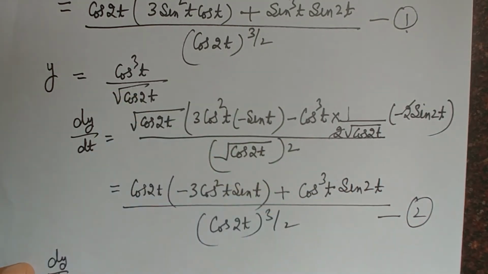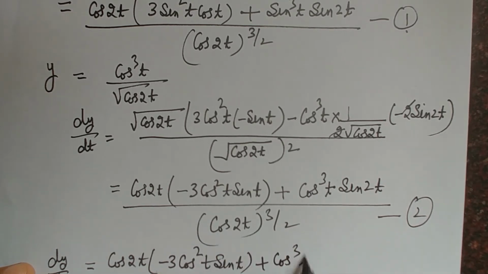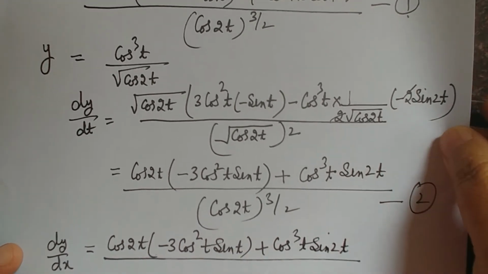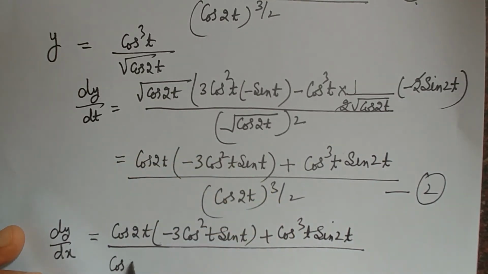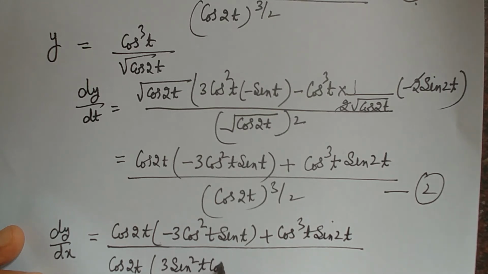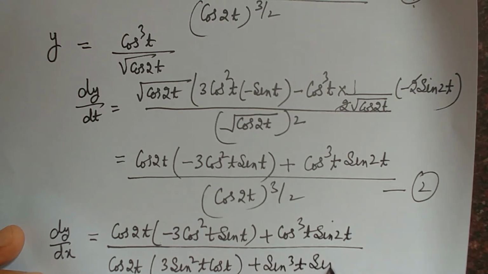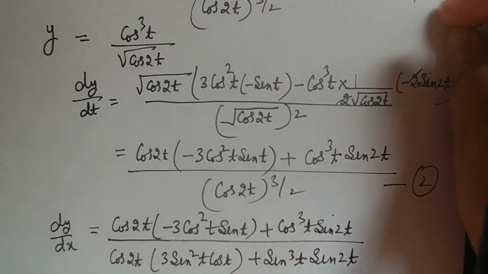The equation which I get will be cos 2t minus 3 cos square t sine t plus cos cube t sine 2t, divided by, the numerator of the first term, which was cos 2t, 3 sine square t cos t, plus sine cube t sine 2t. From here onwards, I have to apply the trigonometrical result.